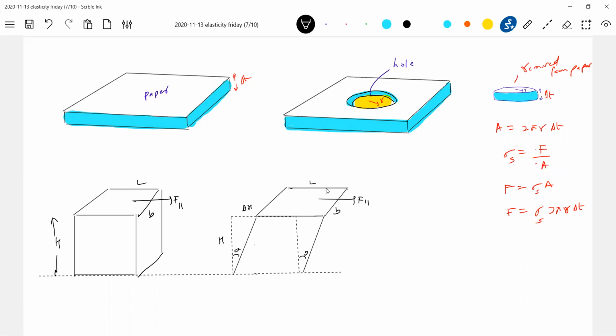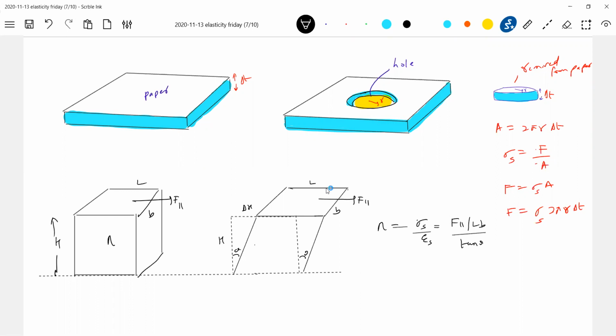How much work is done by me to deform the body like this? Let eta be the modulus of rigidity. We define the modulus of rigidity by this formula: shearing stress by shearing strain. The stress is F parallel by LB. Shearing strain is tan theta.